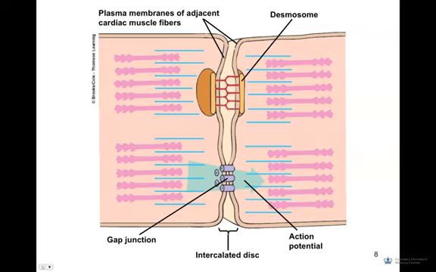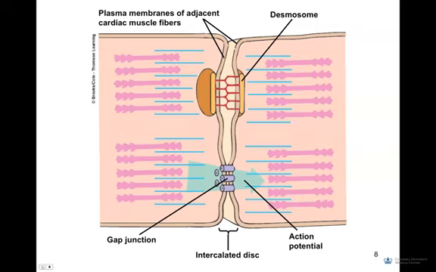Well, we find gap junctions, electrical synapses, between muscle cells in the heart, between cardiac muscle cells, which means that an action potential or a depolarization in one cardiac muscle cell is going to diffuse across into the next cardiac muscle cell. When we have gap junctions between cells, that's sometimes referred to as two cells being electrically coupled, because what happens in one cell is going to immediately happen in the next.